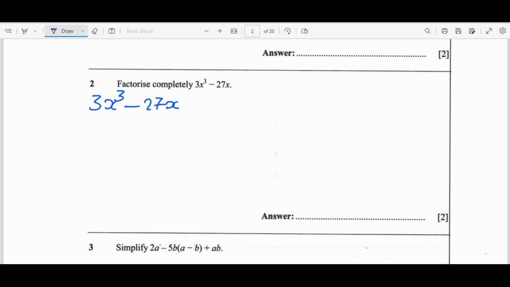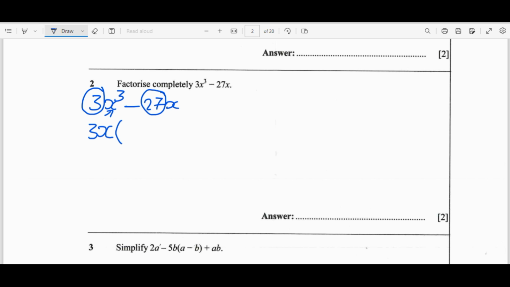The greatest common factor is 3, because 3 can go into 3x cubed and into 27x. So we take out 3. What else? We can see that x is also common because x can go into x cubed and into x also. So we write our 3x.